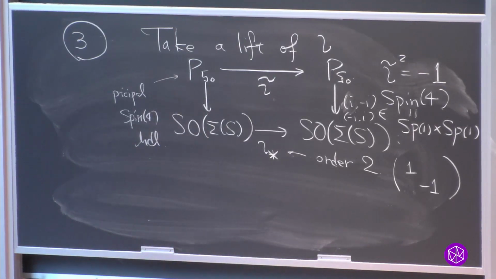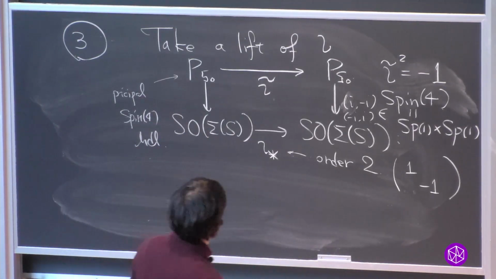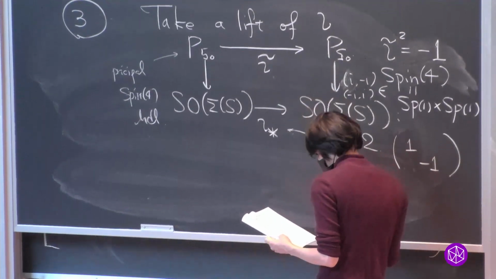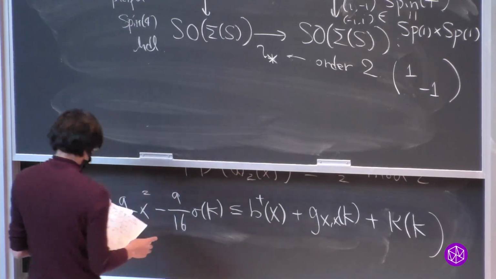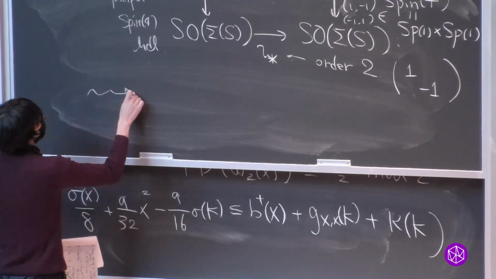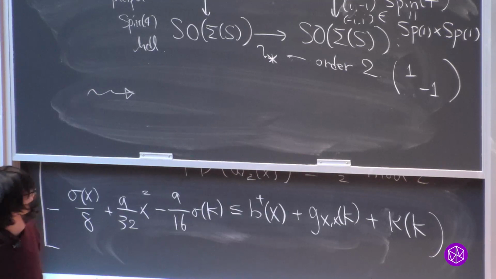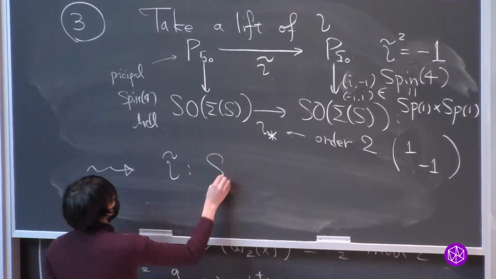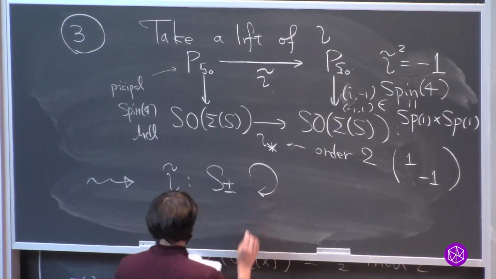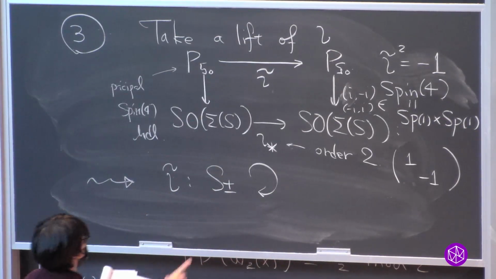Anyway, we cannot take an order 2 lift on spin structures. So let's take a lift iota tilde. And of course, iota tilde also induces a map on the spinor bundles, and again the square is -1.